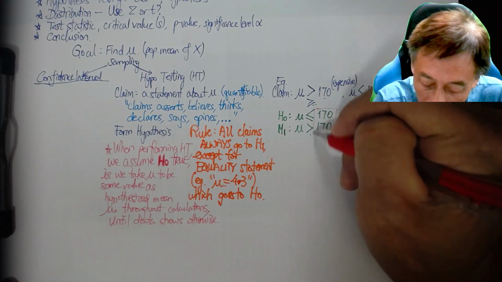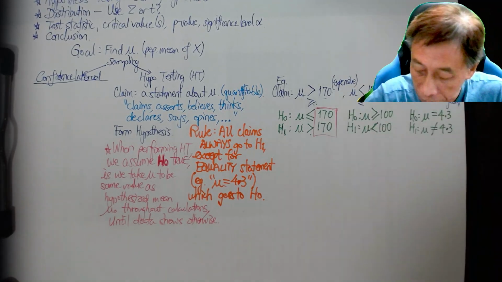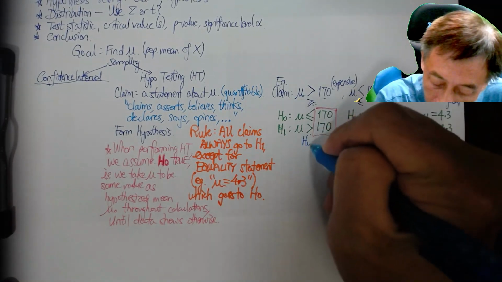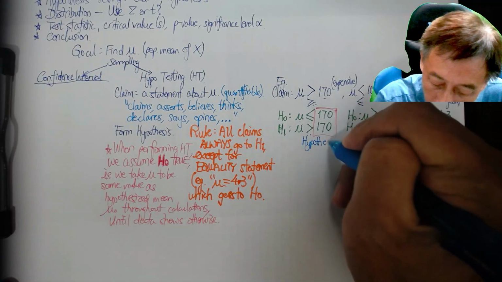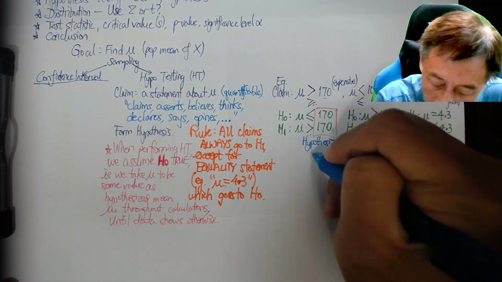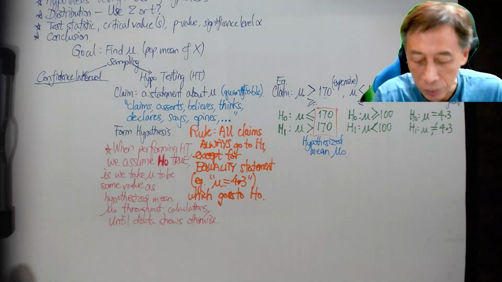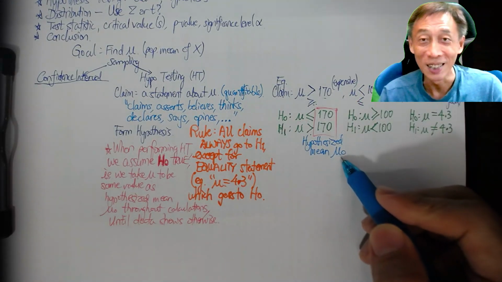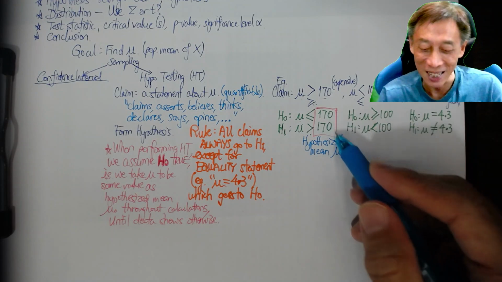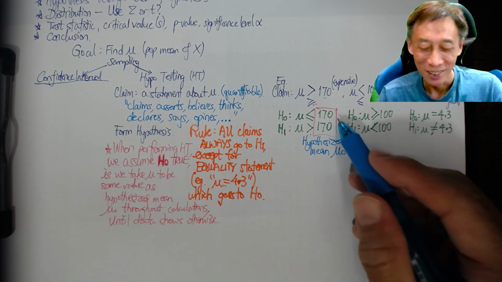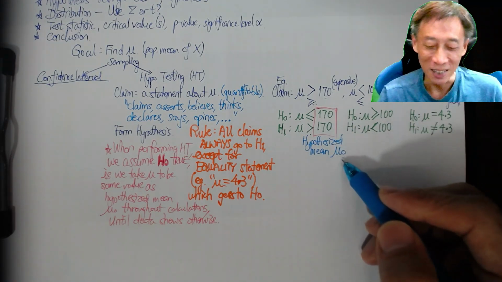So this guy here is called the hypothesized mean. And it has a nice symbol, mu0. This mu0 is knowable because we set it, right? The assertion sets this without proof.